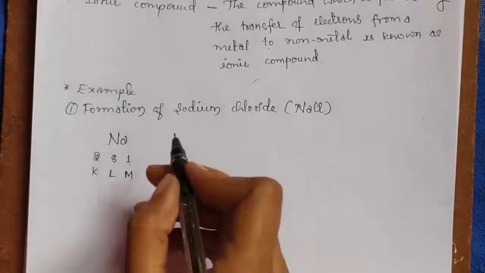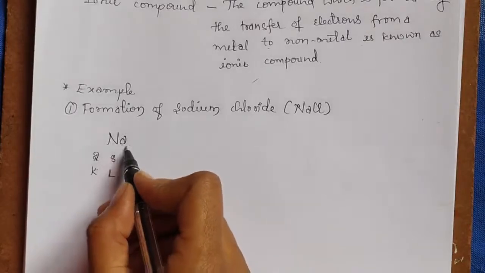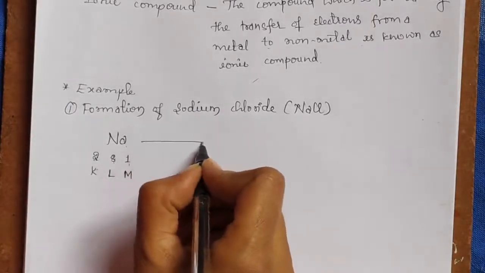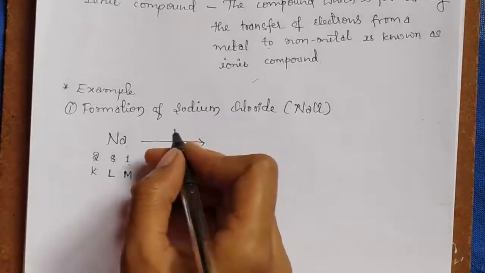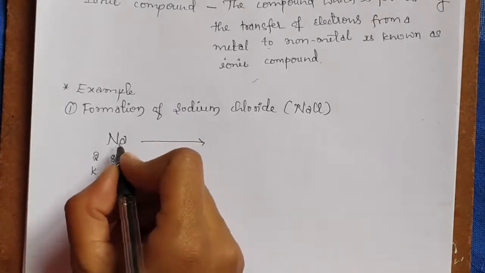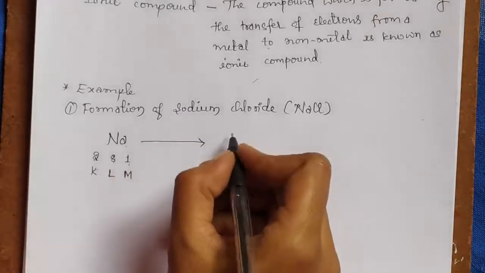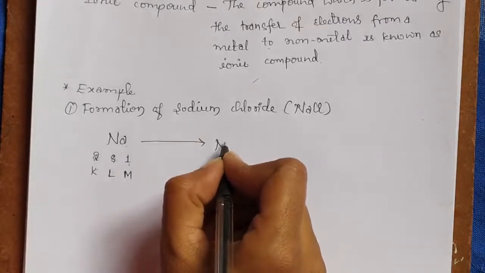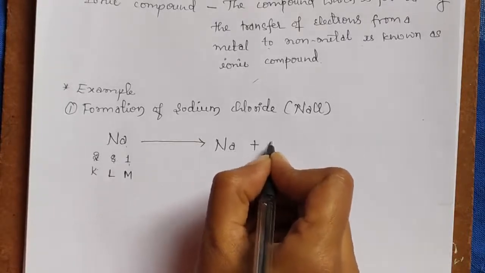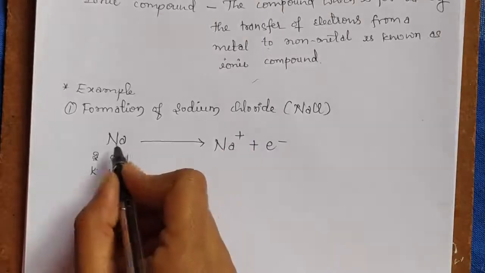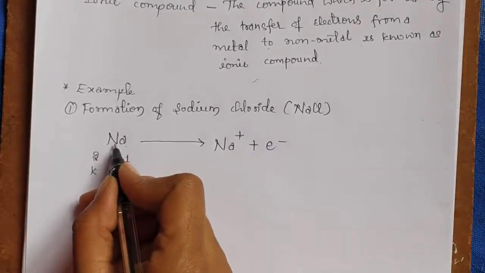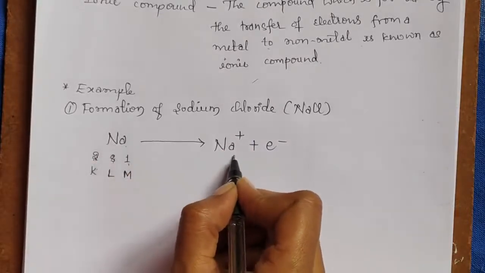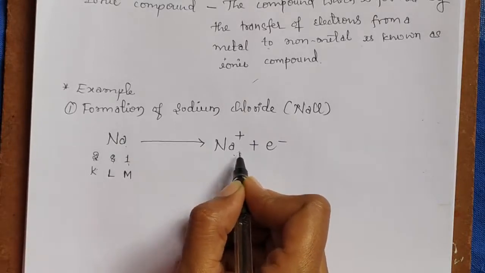See here children, sodium is a metal, and this sodium will lose the electron. On losing this 1 electron, the neutral sodium atom is converted into an ion, that too a cation.